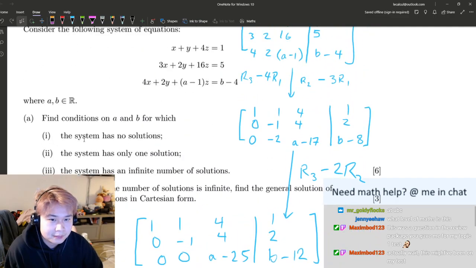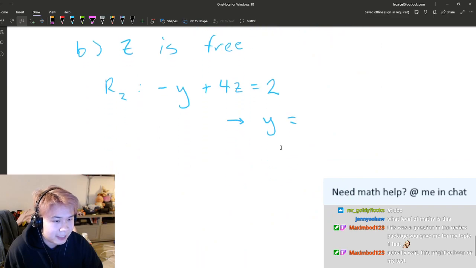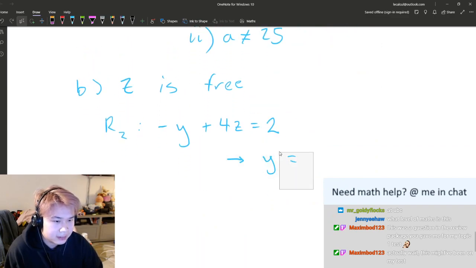Here, wait a minute. I have that backwards. I need to solve for z. So z is equal to y plus 2 over 4.